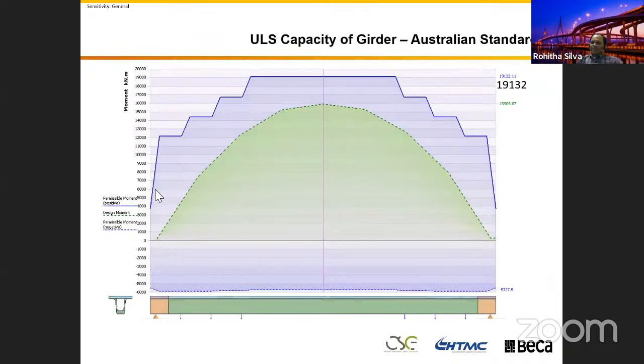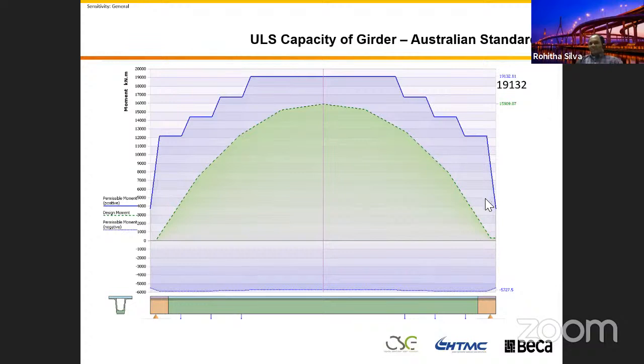We designed this bridge. This is the ultimate limit state capacity. The reason you have these jumps in here is because of debonding, and you can consider only the flat line on the top. When you calculate the ULS capacity of this girder based on the Australian standard, it is 19,100 kilonewton meters.